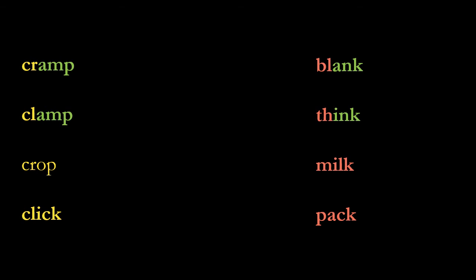So we'll look at the word cramp, and we're going to use everything we know. It's one syllable, so it's going to get a scoop. We're going to put separate lines under the CR because that is a blend. We'll put a breve over the A because it's a short A. It's cramp.